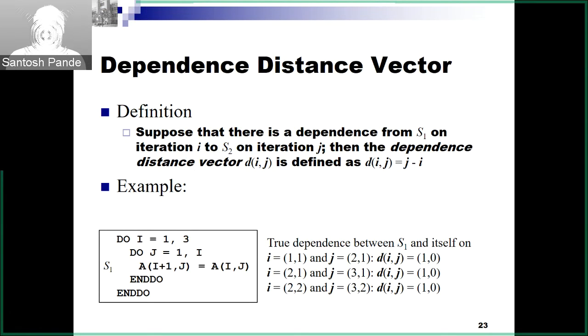And one can then use this information to carry out some transformations. Just a quick note here, as far as this loop is concerned, the distance is 1, 0. In the outer dimension it's 1, inner dimension is 0.